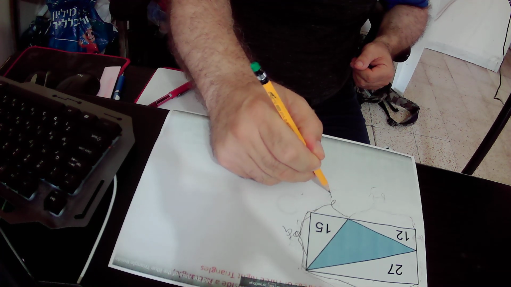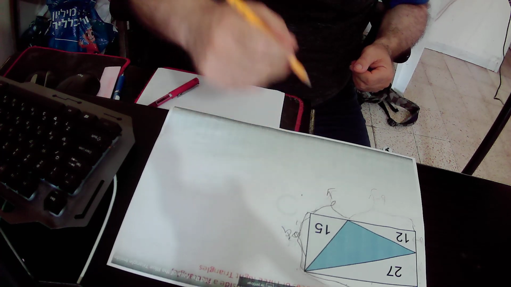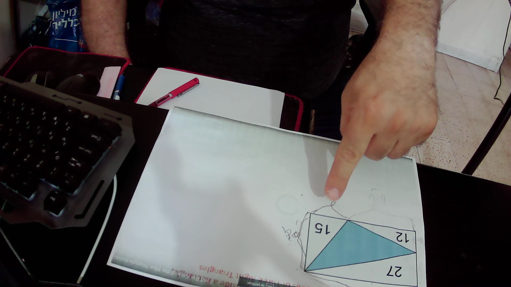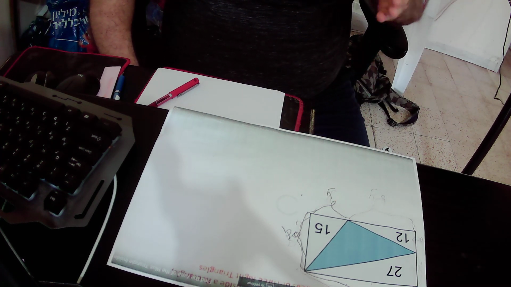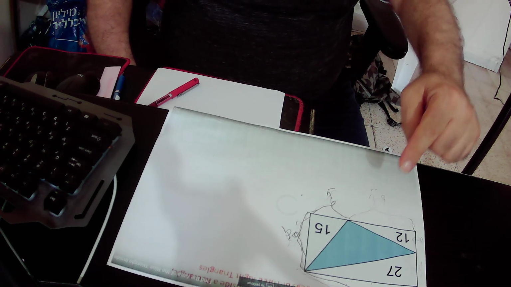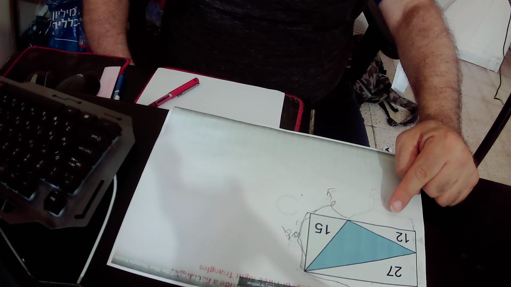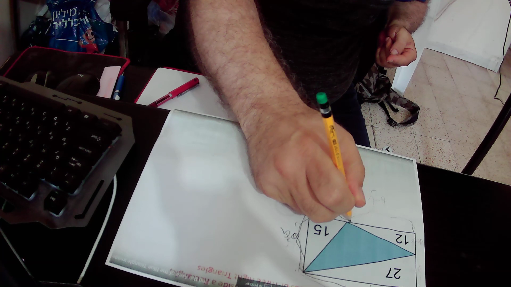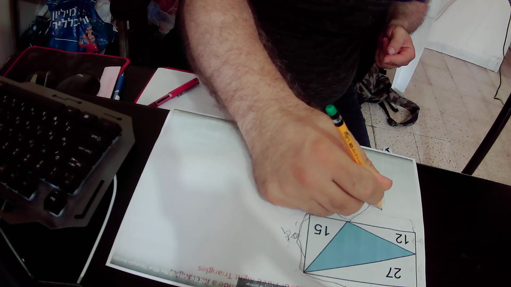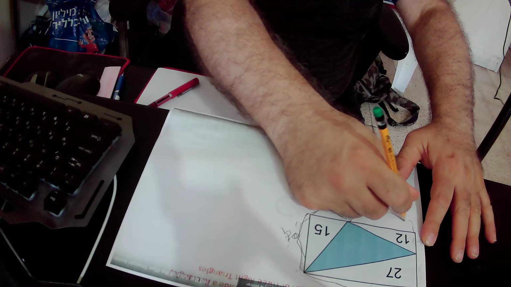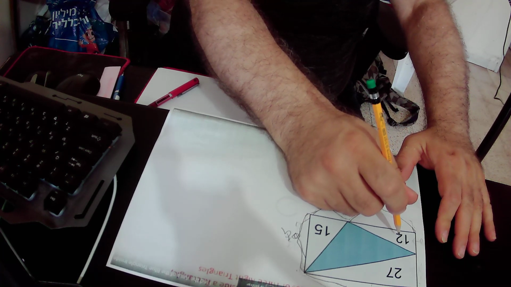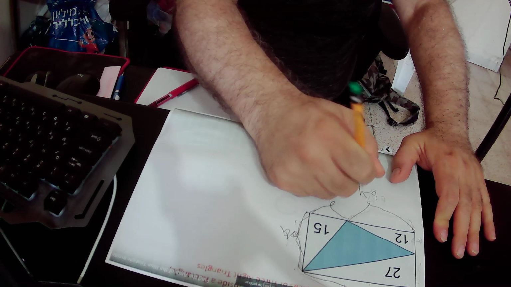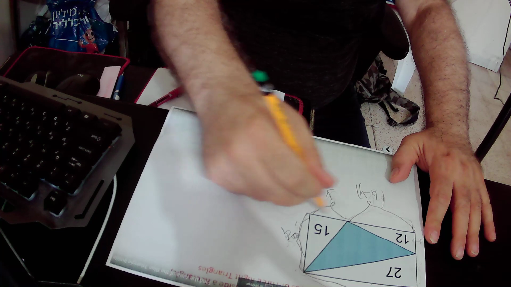So we will call it Y. So if the base of this triangle is Y, we immediately can say that the base of this triangle will be simply B minus Y. This is the length of the base of this triangle, that its area is 12 units. So it is B minus Y.